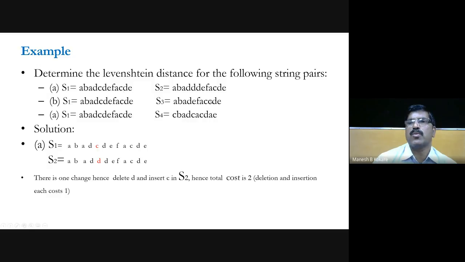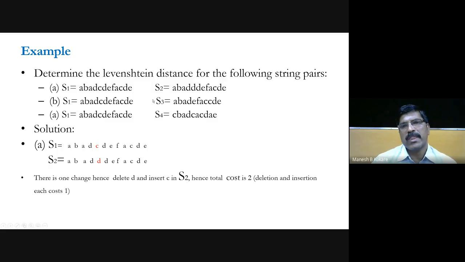But there is one more C, so you have to delete this C, and then D and E. So how many costs are there? For insertion of C and D, one cost each, and for deletion of this C, another cost, so there are three costs.